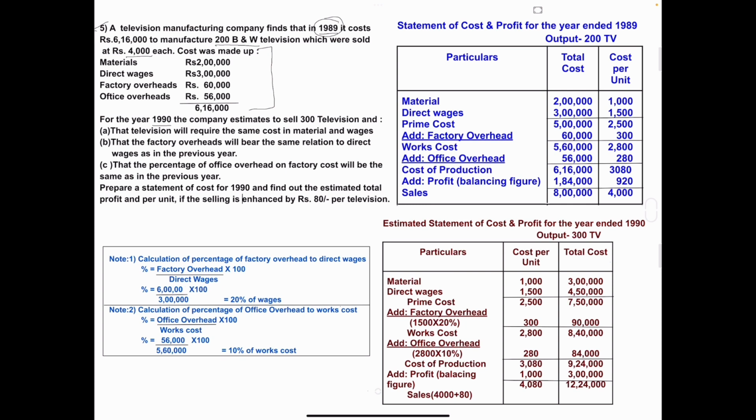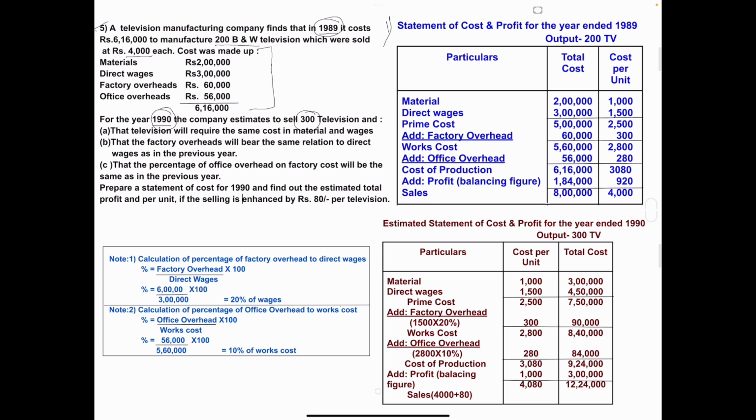And second one is estimated cost sheet for the year 1990 where they are producing 300 television and certain information they have given, and we have to prepare estimated cost sheet for the year 1990. Yes, let's start the solution.